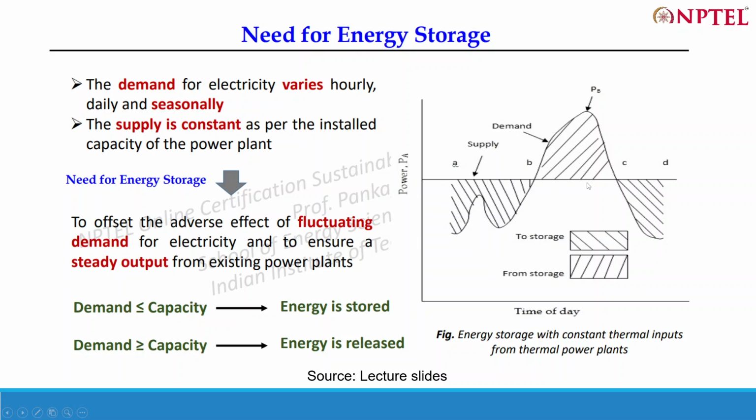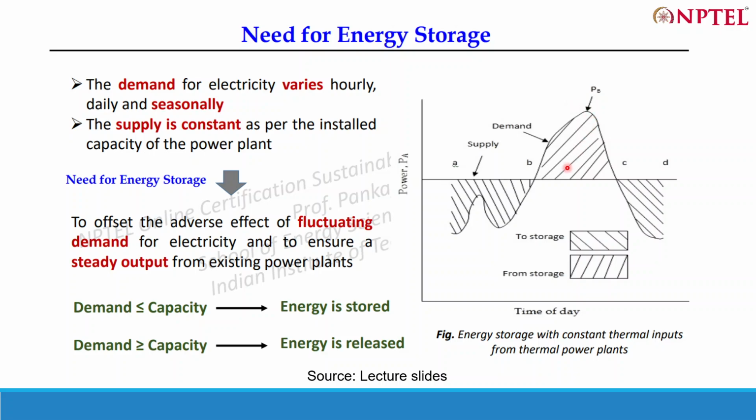But in the morning hours we generally have less activity, so demand is very less. Then as people wake up, demand goes up, and in the afternoon hours we have TV, AC, and cooking appliances, so demand surges, as you can see here in the graph.